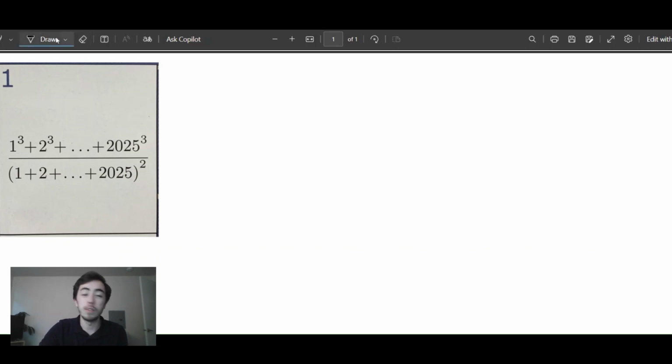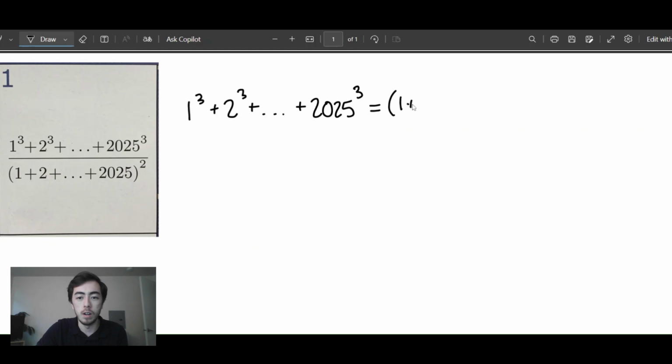So another way to reframe this is to prove that 1 cubed plus 2 cubed, and so on, adding up all of the cubed numbers from 1 to this current year, is equal to the denominator. In the denominator, I'm taking all of my numbers from 1 to the current year again, but this time, instead of cubing each one, I'm going to add them all up first and then square it.